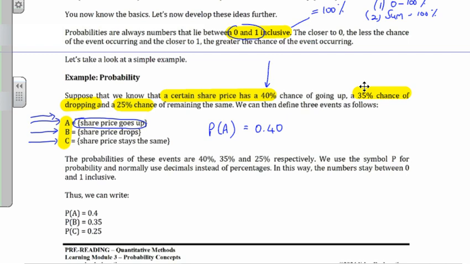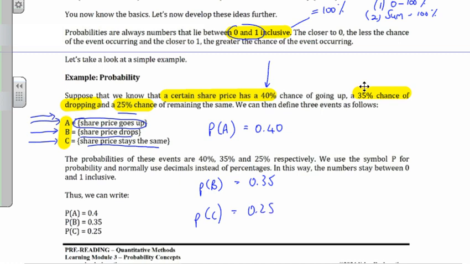Okay. And then of course, the probability of B, and remember I defined B as the share price dropping. That's 35%. And I defined C as what? The share price stays the same, and that's 25%, 0.25. What do you notice? Let's go through my two rules again.